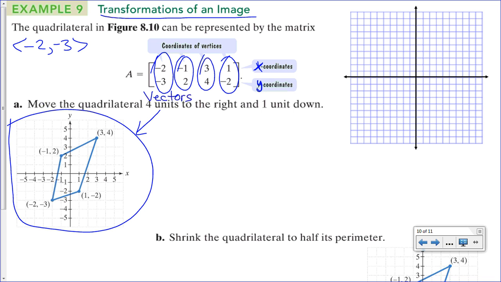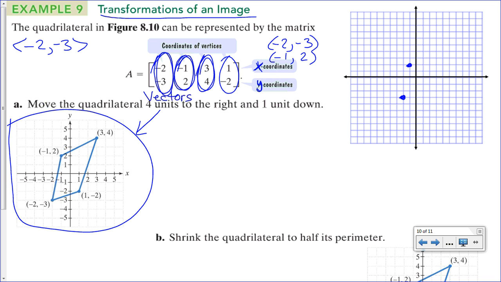So just for practice, let's plot the points and then connect them. So we have -2, -3. So this first column, think of it as this, -2, -3. So it will be the point here. Then the second column is -1, 2.